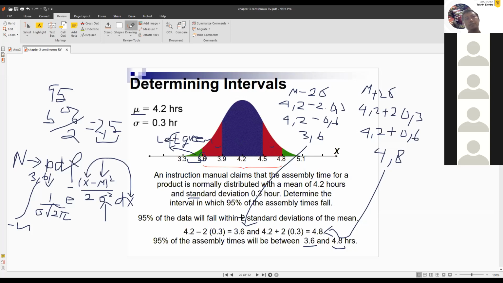If you don't believe it, you can try integrating this formula yourself. The result should be 2.5%. If not, it is not correct. Any questions?